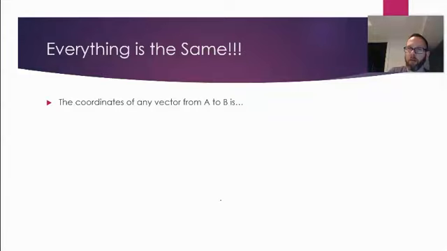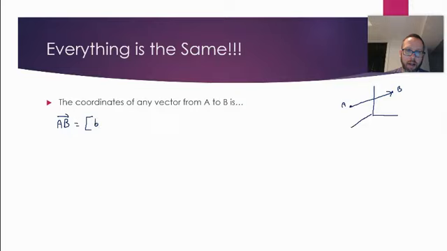If you wanted to describe a vector from one point in R3 to another, let's just say I have some vector that goes from A to B like so, and I want to describe that guy as a position vector. How do we do that? Well, just like with R2, we subtract the coordinates.